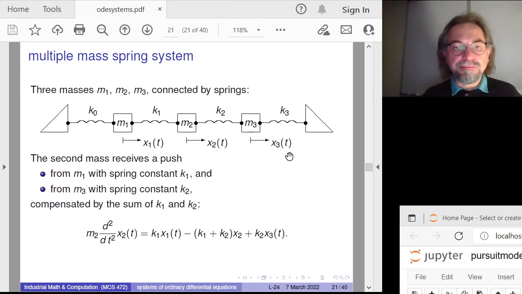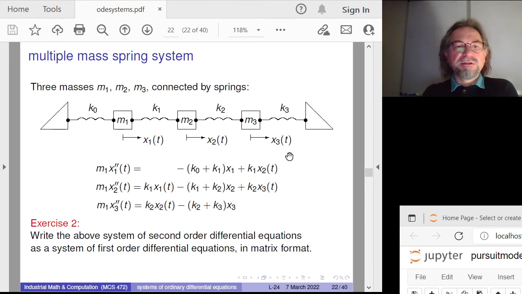So these are the positive restoring forces that are coming into play. And then there is the middle term that is related to the displacement of the second mass and the two constants of the two springs. So this gives us the middle equation.